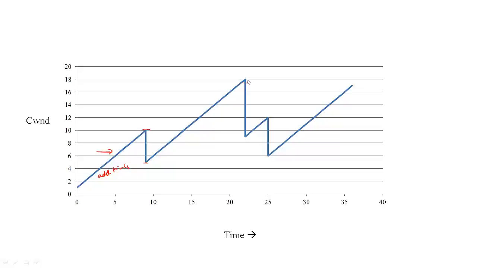As you can see, at some other point here you are able to increase it a lot more than before because of the traffic patterns, and again you cut it by half when you hit congestion, and again you probe. In this case you didn't go as much as before and you hit congestion much before, and thereby again you cut it by half and then again you increase.